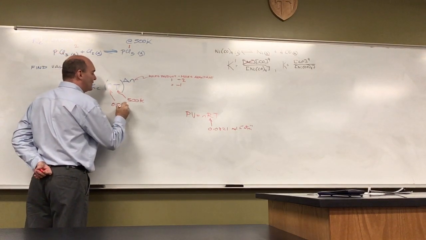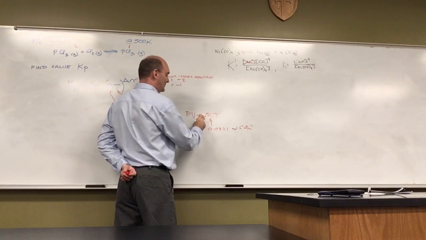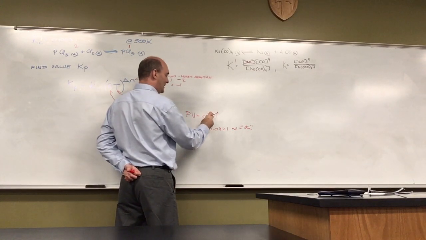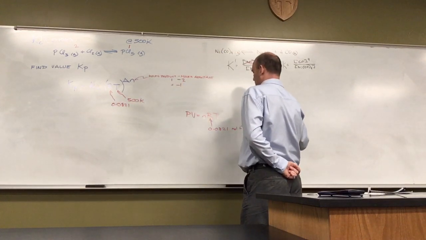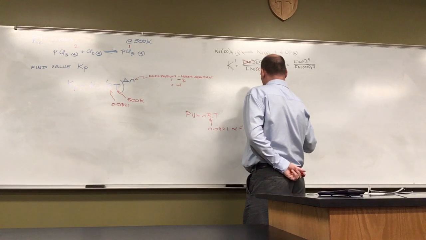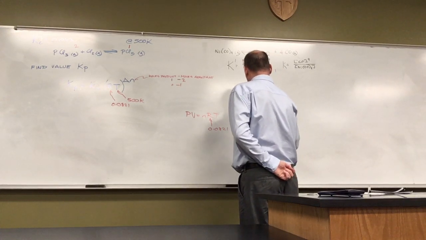If we want to know what the units for R are, R is PV over nT, so there's a Kelvin missing also.